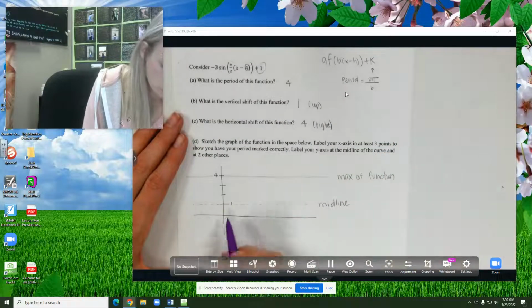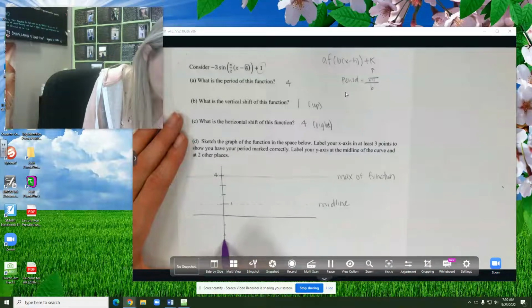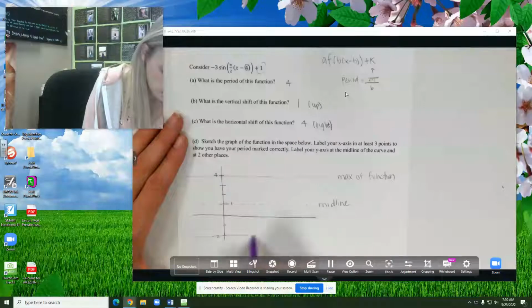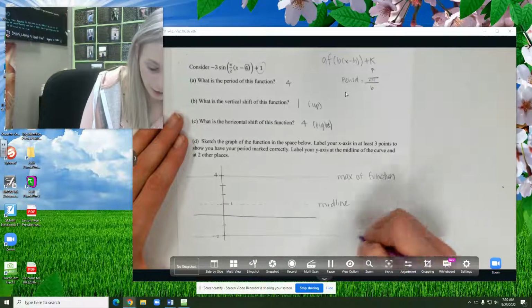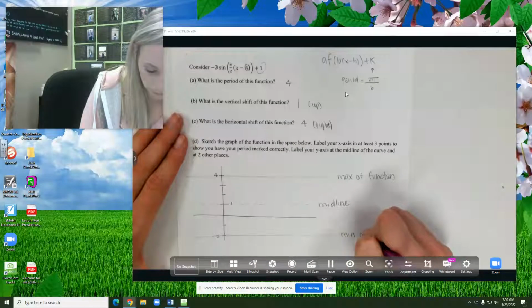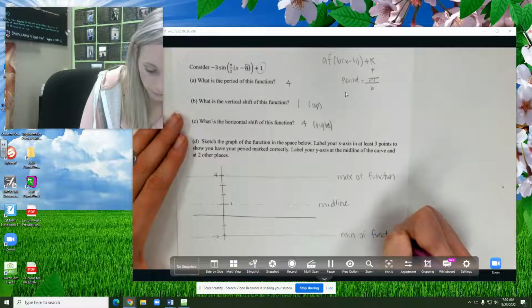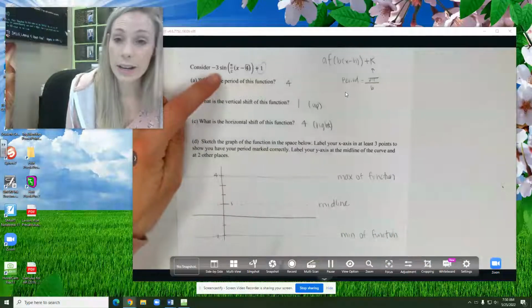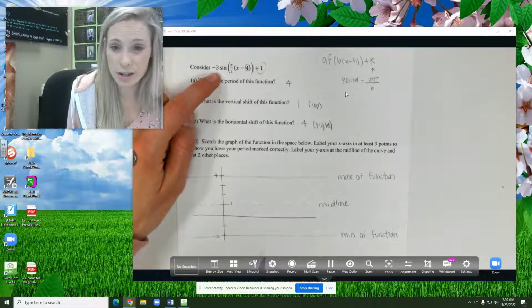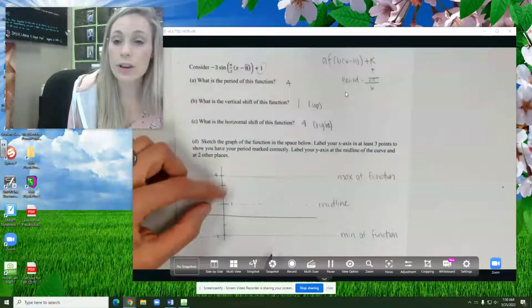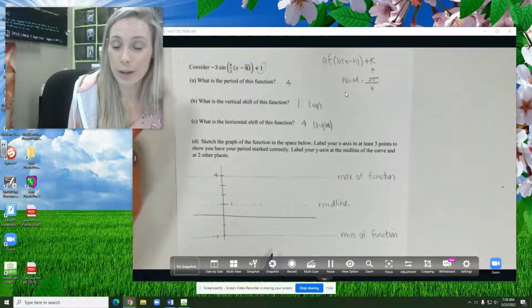And I can go down 3. 1, 2, 3. And this is where the min of my function is. And I know that because this right here is my vertical stretch. So if I start at 1, I can stretch up 3 units and I can stretch down 3 units.